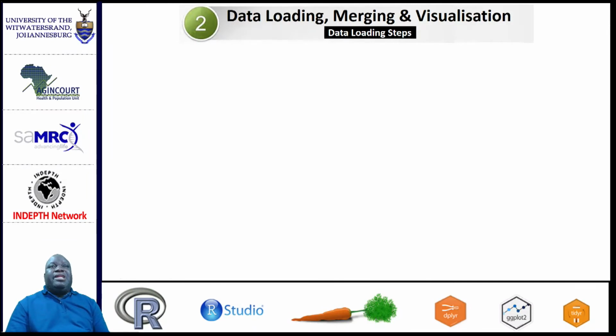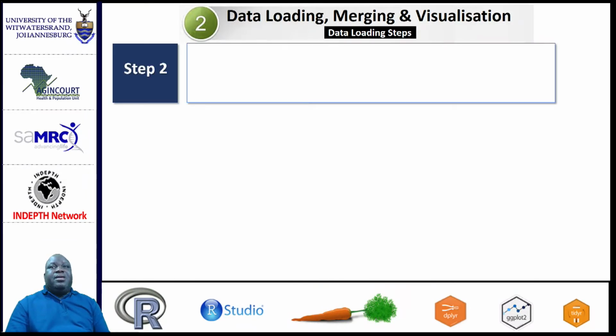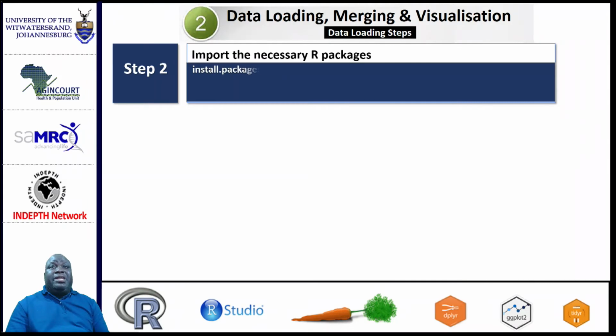Okay, here are the data loading steps. Step number 2 is to import the necessary packages. For example, we are going to install these 3. I want you to note that the installation is once and for all. So that means you should not be running this part of the code every now and then.